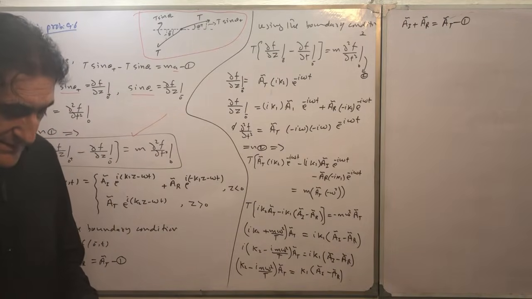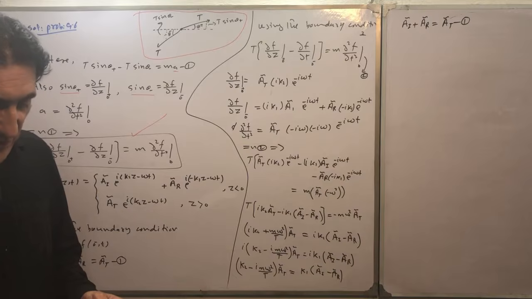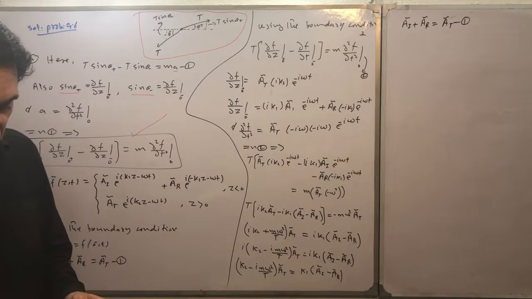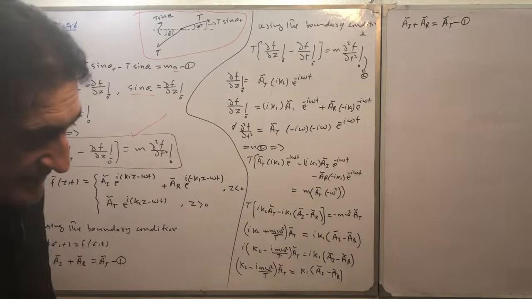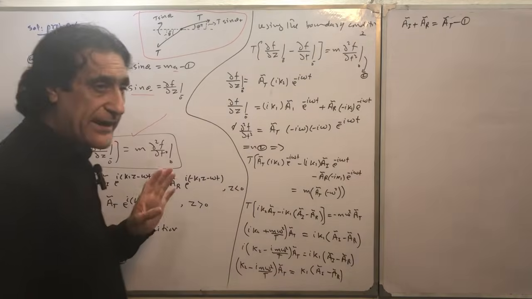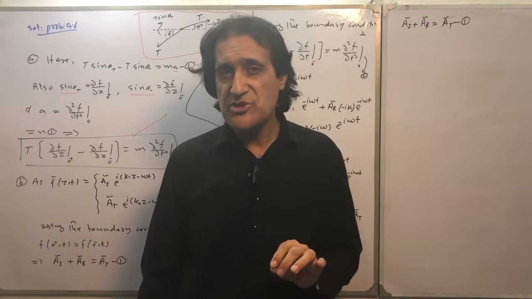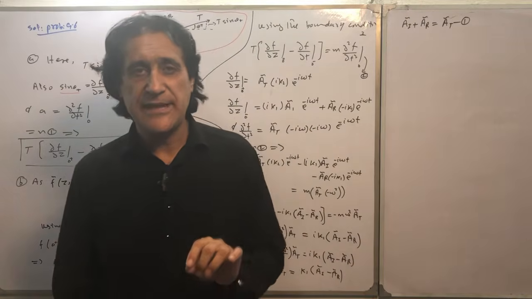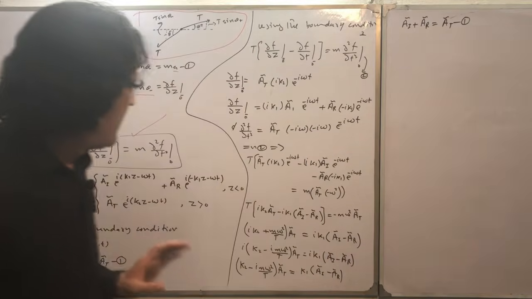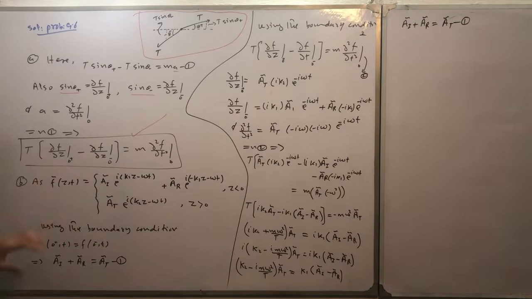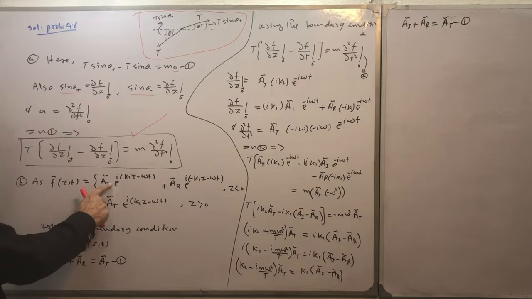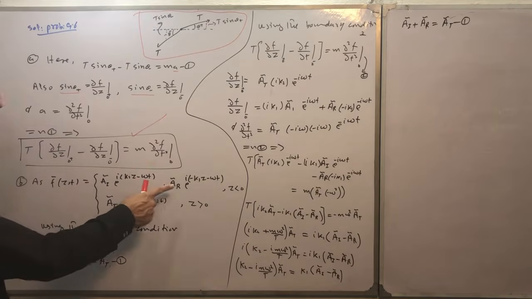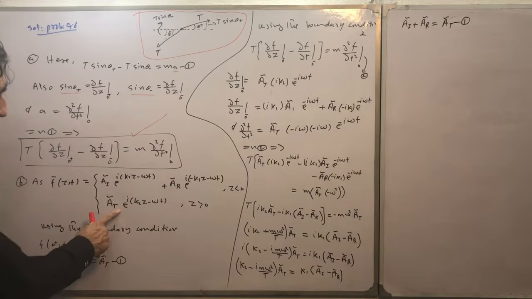The second point is to find the amplitude and phase of the reflected and transmitted waves for the case where the knot has a mass m and the second mass is massless. We will find the amplitude of the reflection coefficient and transmission coefficient and the phases as well. We will start from the very basic wave equation. This is the incident part, this is the reflected part, and this is the transmitted part.